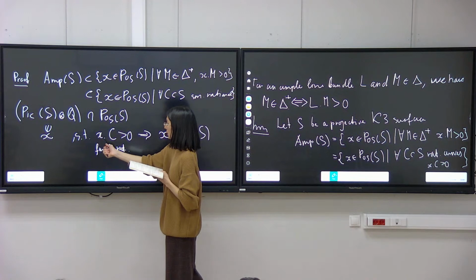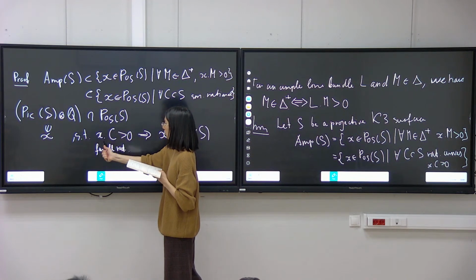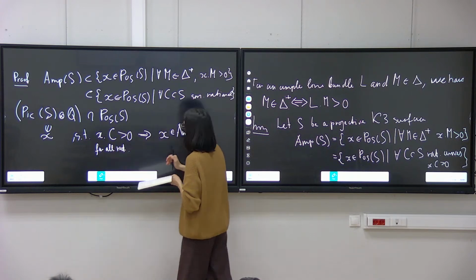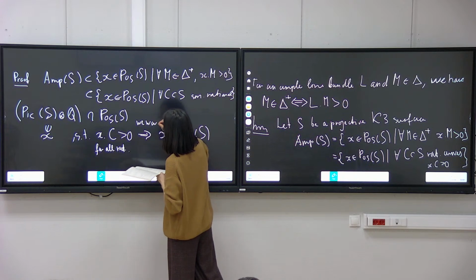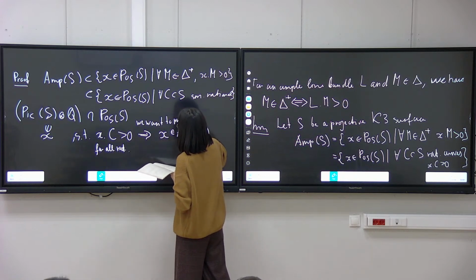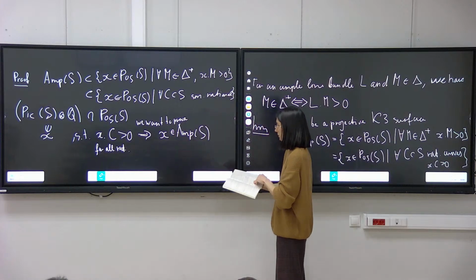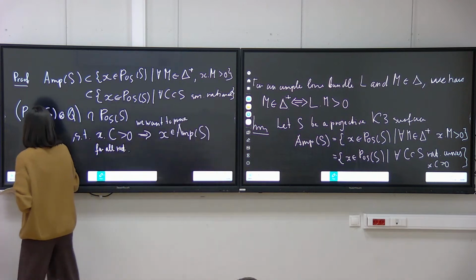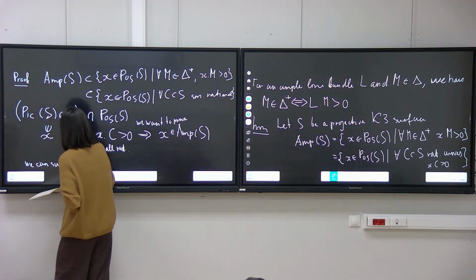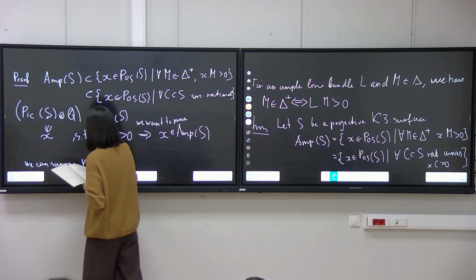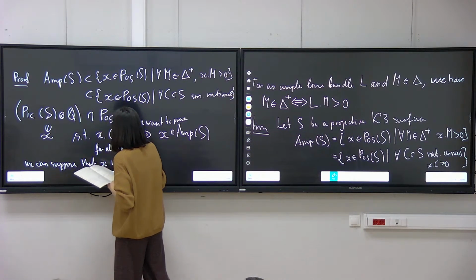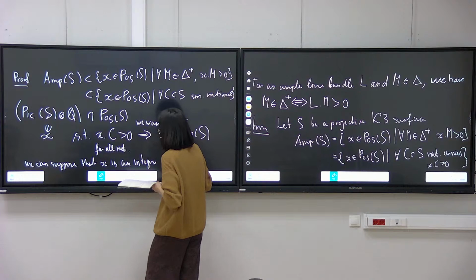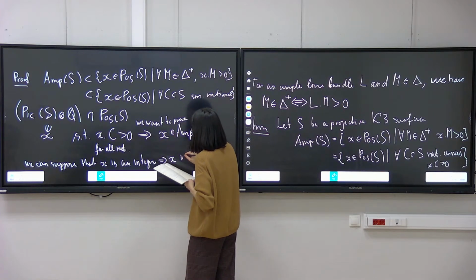So we consider a rational class that lives in the positive cone such that its intersection with all rational curves is positive. We want to prove that this means that it lives in the ample cone. Okay, and now we can suppose that x is an integer class. So x is a line bundle.